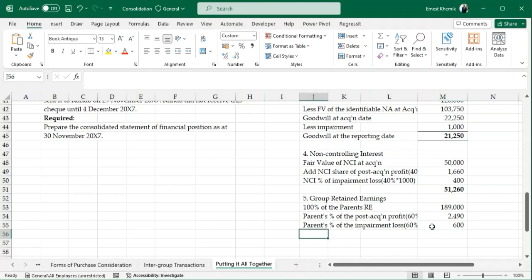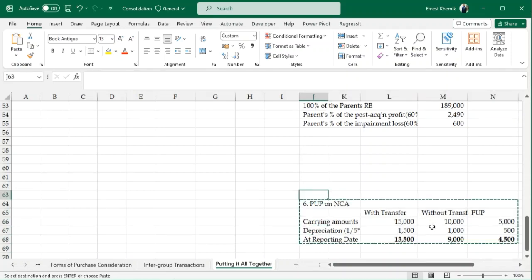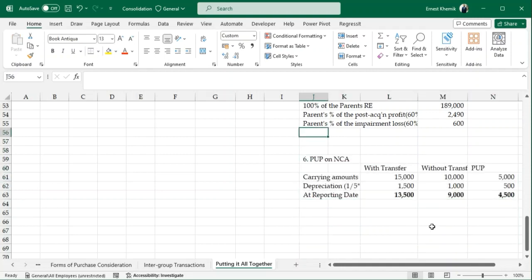All right, and then remember that the parent transferred a plant to the subsidiary, and that transfer was made at a profit, which we calculated within the PUP calculation that we had here. So let me cut this and bring it up a bit here. All right, so we have our parents transferring the NCA at a profit of 5,000.